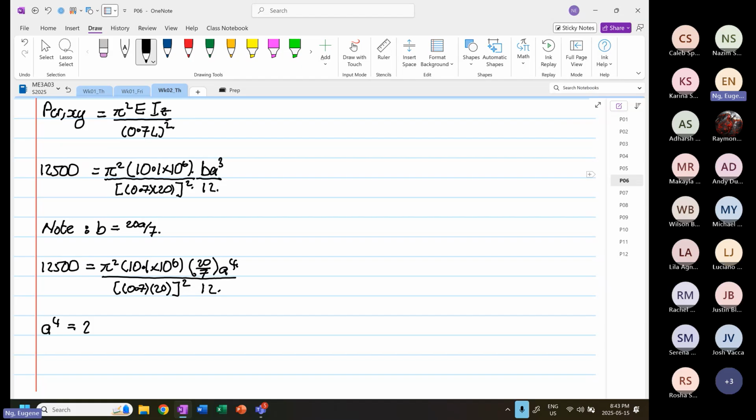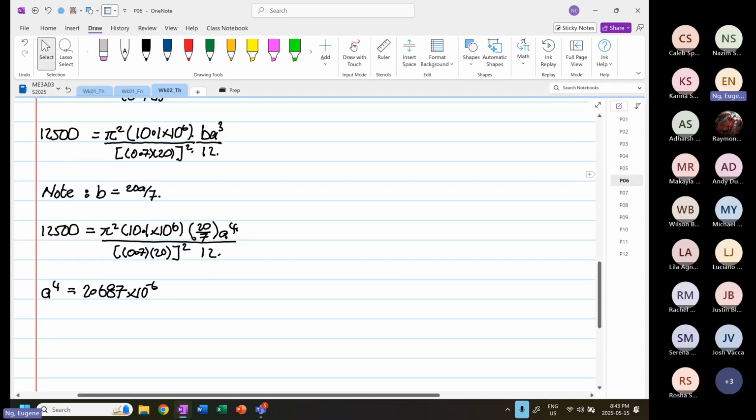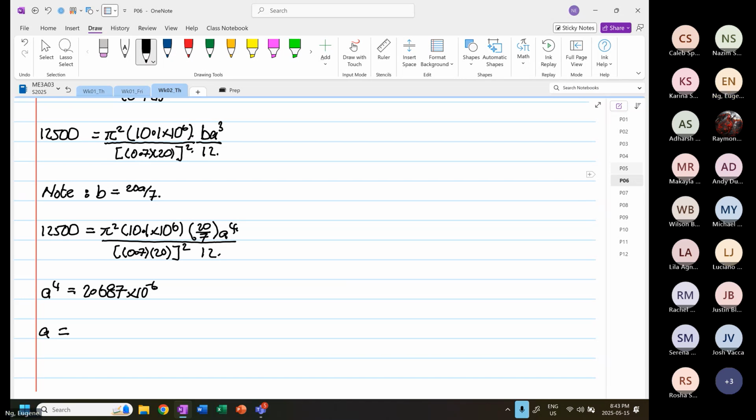We get 2.667 times 10 to the power minus 6. Wait, let me recompute. I get 5.20.